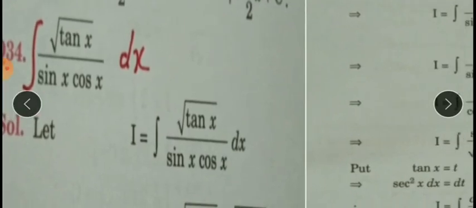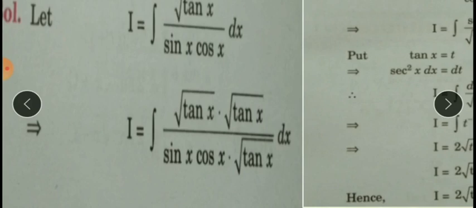Now see question number 34. Integration root tan x upon sin x cos x. Let I is equal to integration root tan x upon sin x cos x. Multiply and divide by root tan x.